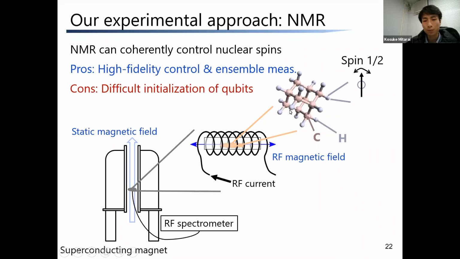So we control the spins of the hydrogen nuclei, which is just a proton. So we control a proton spin by the RF current produced by this RF spectrometer. Yes, so this is how this NMR works, and we use this for quantum machine learning applications.